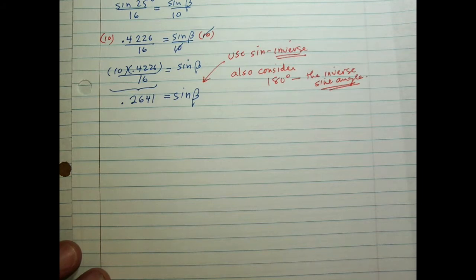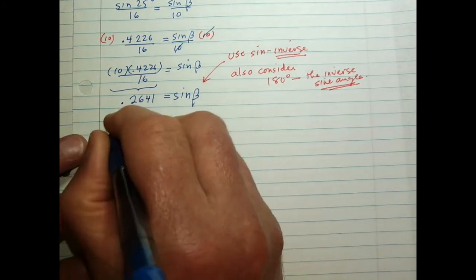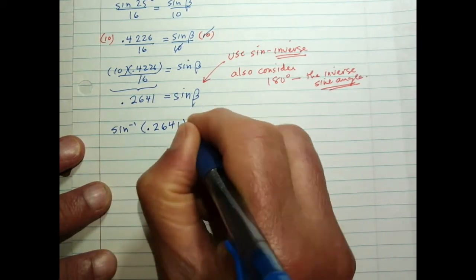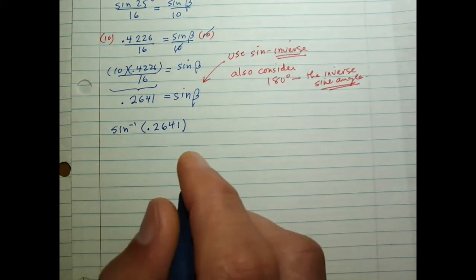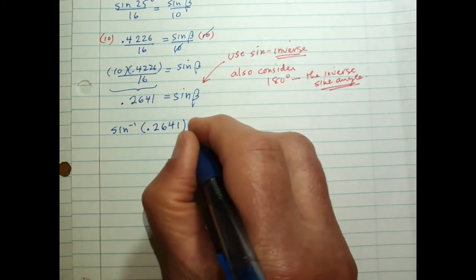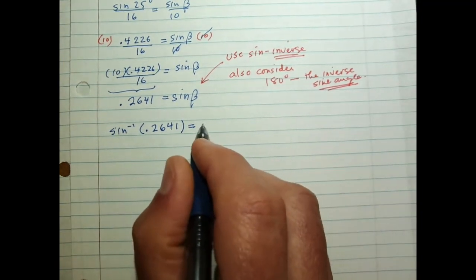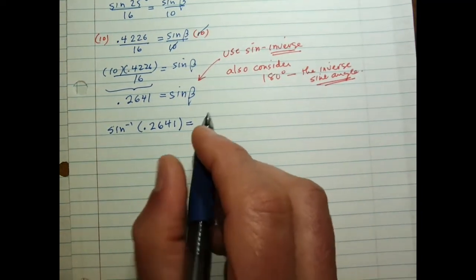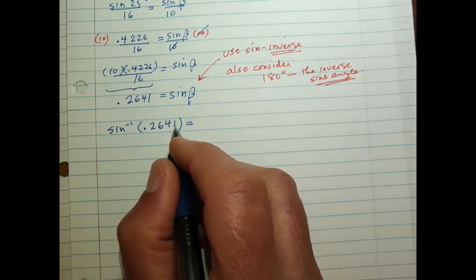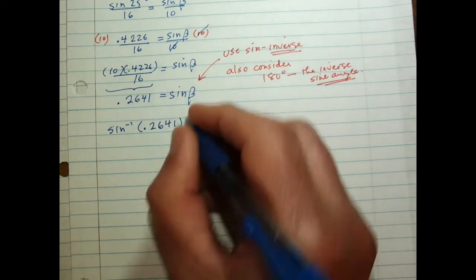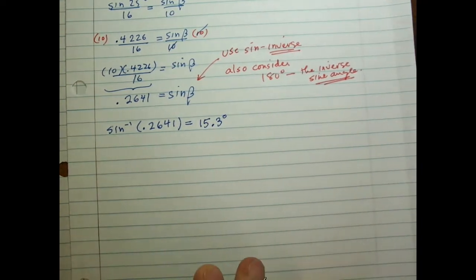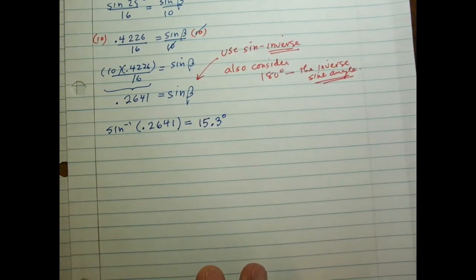When you're trying to find an angle, the inverse sine will always give you an acute angle, less than 90 degrees, and we need to figure out what the other possible angle is that's greater than 90 degrees. For inverse sine on my calculator, in degree mode, I get 15.3 degrees. So that's a possible value for beta.